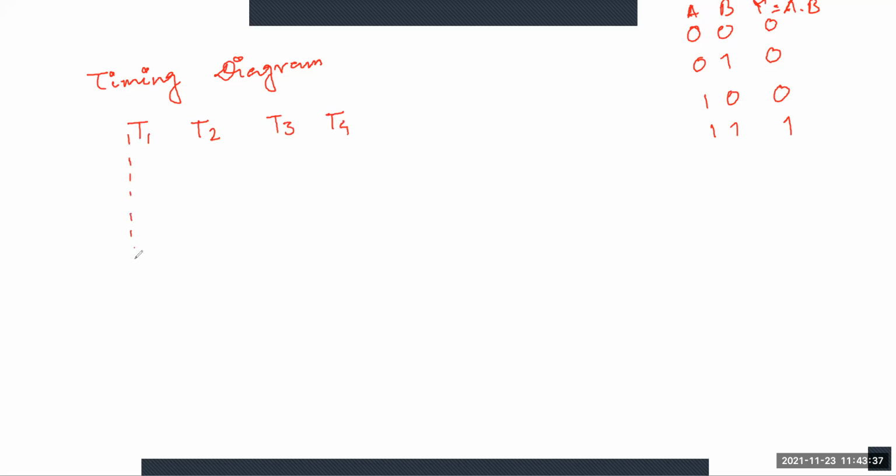How we will draw the timing diagram, just see here.